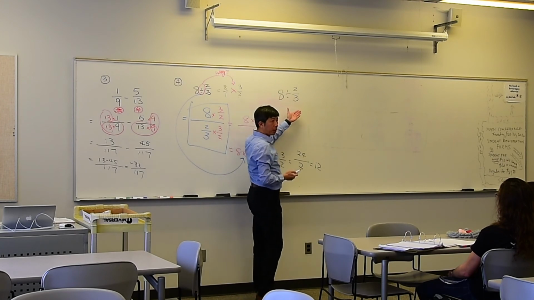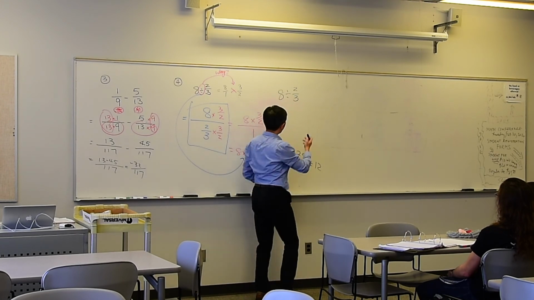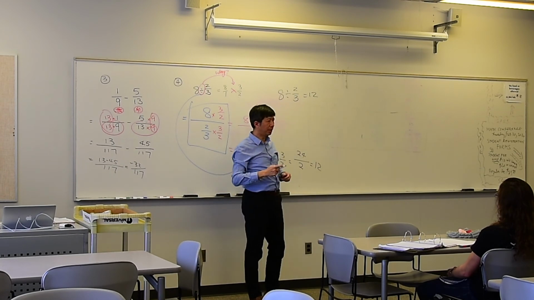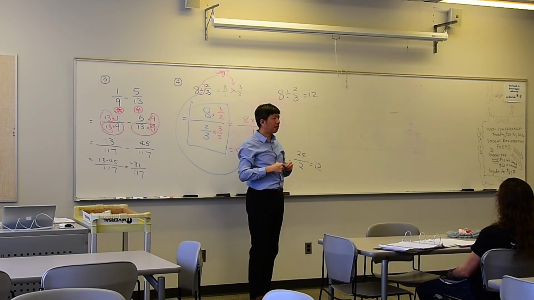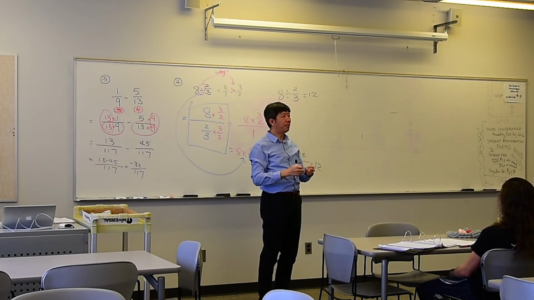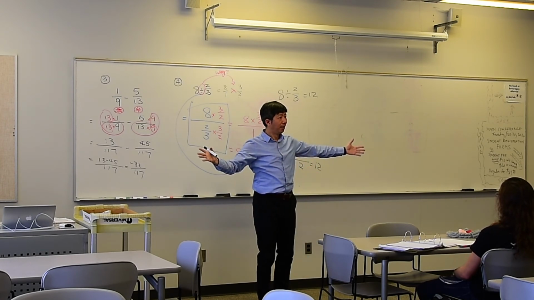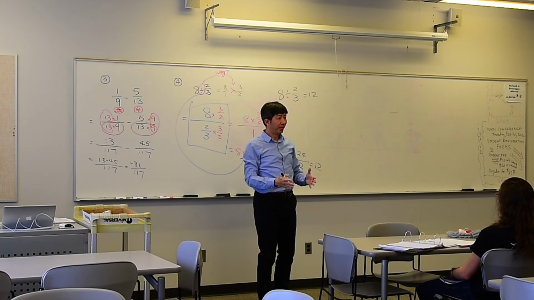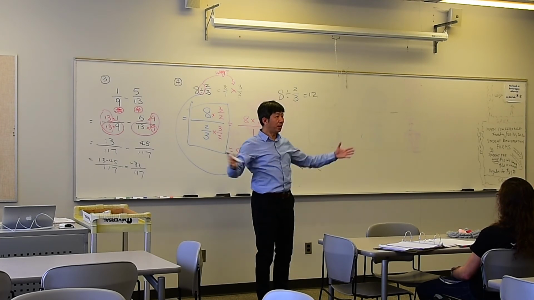So a divided by 2/3, and then the answer is a 12. And the kids will say, teacher, no, that's not right. How come you have a divided by something, and a gets bigger? Divide is supposed to get smaller. How come divide gets bigger?